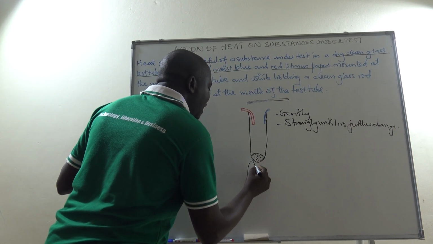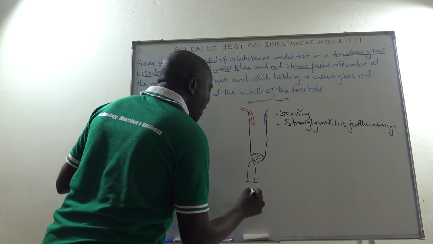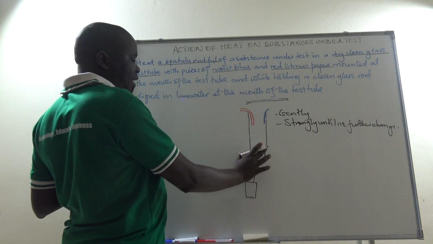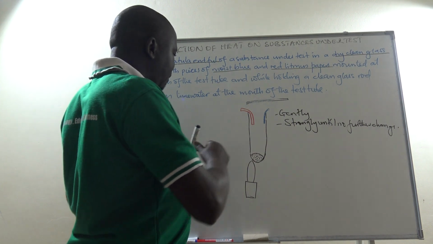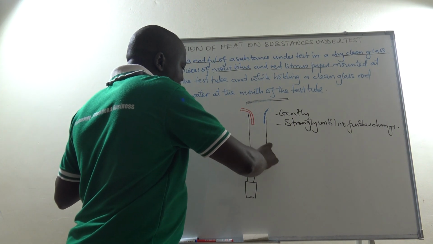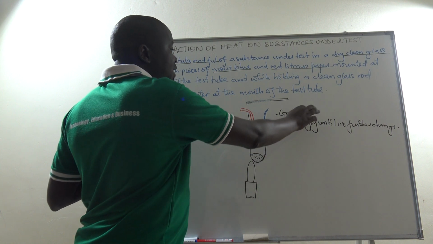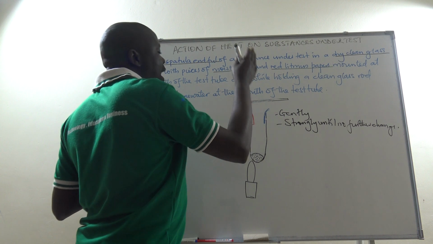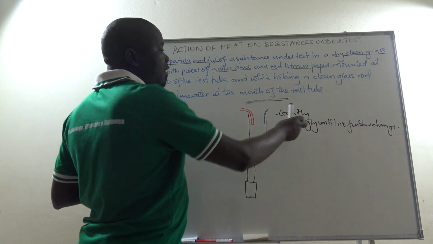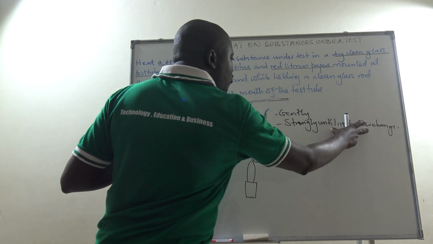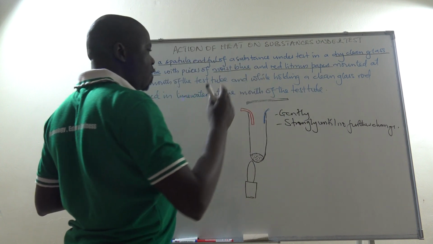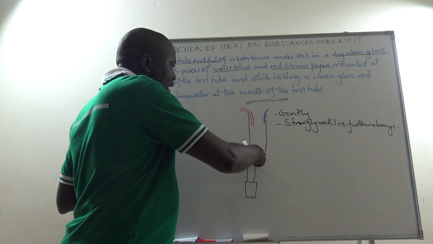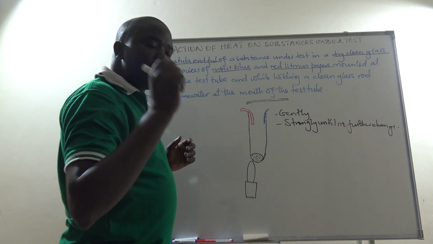If the flame is here, of your Bunsen burner or whichever heat source, you first heat it aside. It is almost like you keep on passing the test tube here. That is gentle heating. Then later on, after making some observations, you can now heat strongly until no further change. You heat directly on the flame and you heat it for some good time.